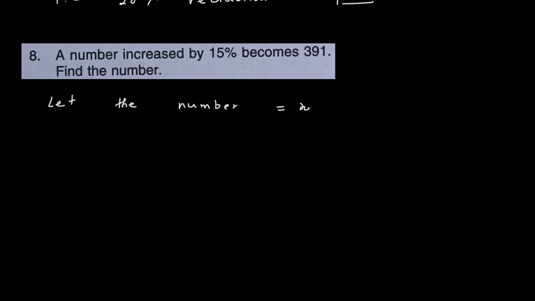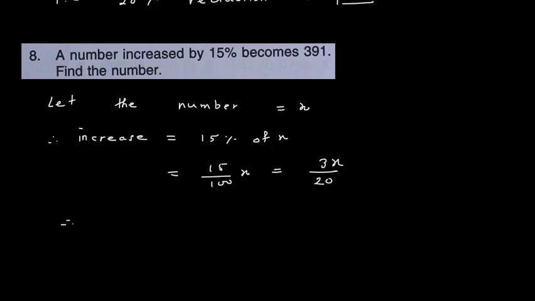Then the number is increased by 15%. So the increase is 15% of this x, which is 15 divided by 100 multiplied by x. With 5 I can cancel, 5 threes are 15 and 5 twenties are 100, so 3 upon 20, 3x upon 20 is the increase.